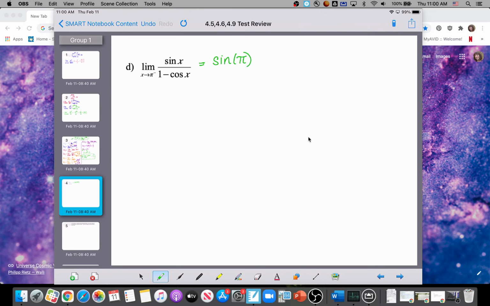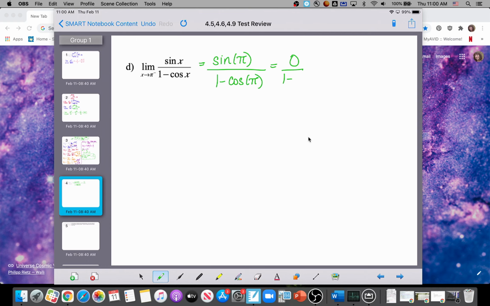If we do direct substitution, sine of pi divided by 1 minus cosine of pi, well, in my numerator, sine of pi is equal to 0, and in my denominator, cosine of pi is equal to negative 1.